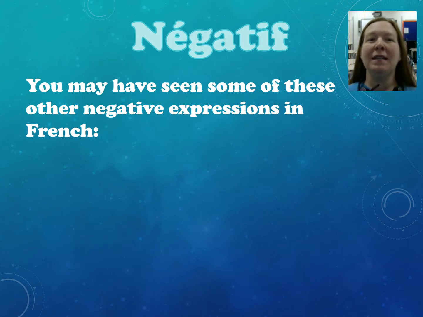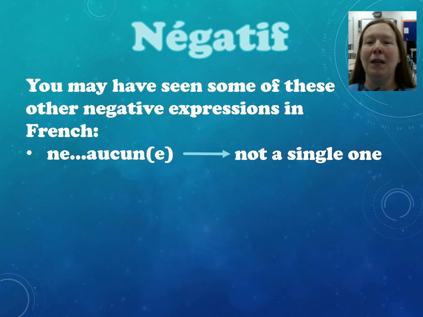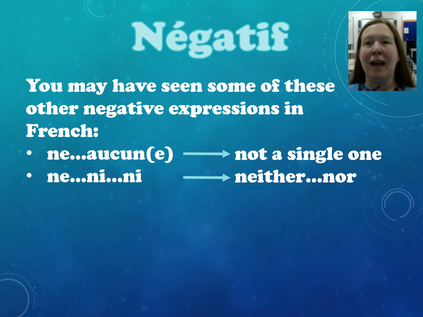You may have seen some of these other negative expressions in French, and some of them might be new to you, so make sure that you take note of what they mean. Ne aucun or aucune means not a single one. Ne ni is neither nor.